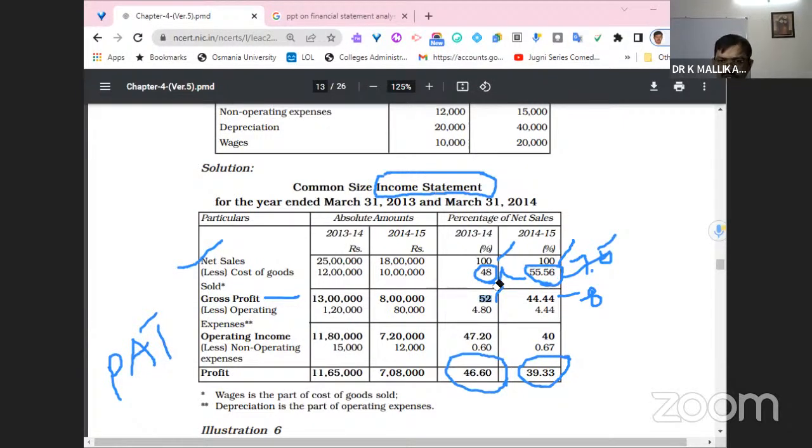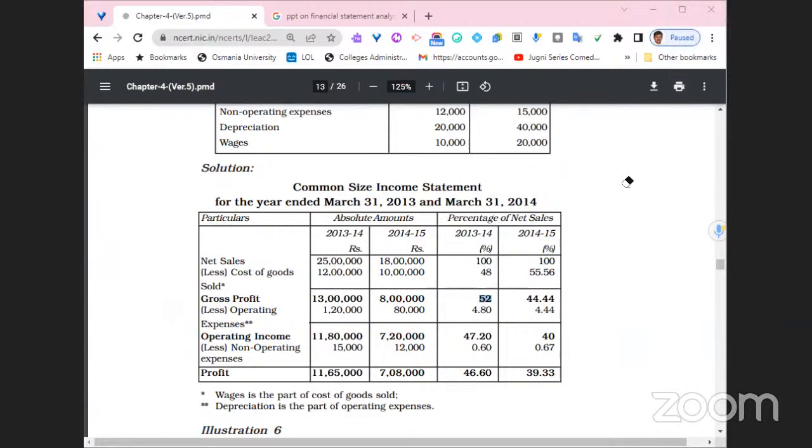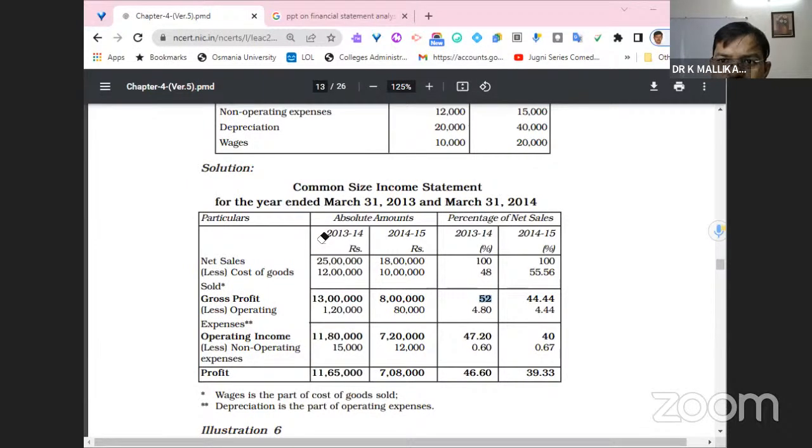Okay. Sir, how did this 46.5% come, sir? Which one? This one. 11,65,000 divided by 25 lakhs into 100.